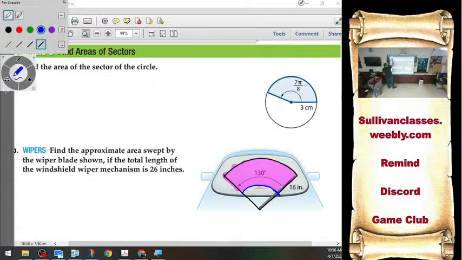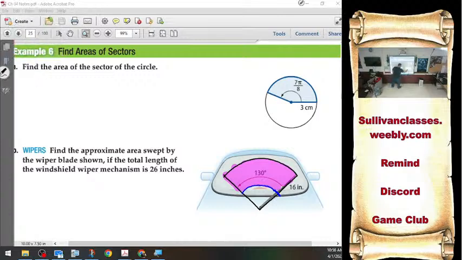Okay. So they tell me this is 130 degrees. They tell me that the windshield wiper portion is 16 inches. And then over here, we are told that the entire arm is 26 inches.